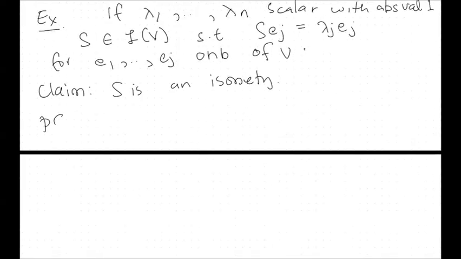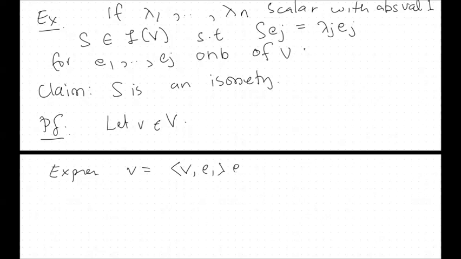So the proof: let V be our element in the vector space, then express V. V is just the inner product of V and E1, E1, up to the inner product of V and En, En. And the magnitude of V squared is just the sum of the squared magnitudes of each component.